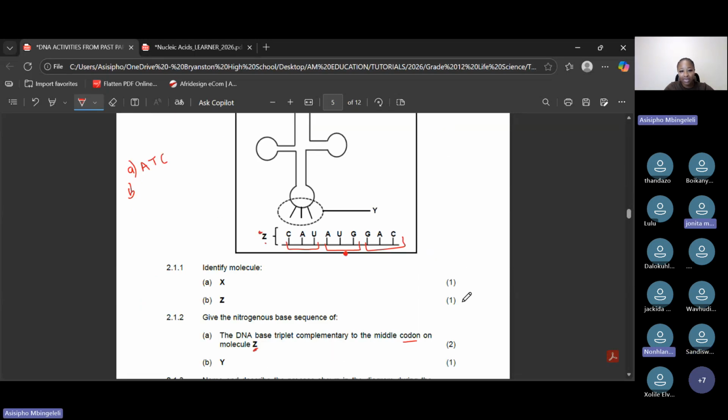Okay, what I'm getting is TAC. T, A, C. Anyone else with a different triplet?